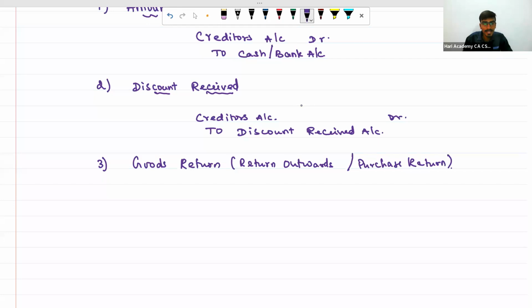For those goods returned, you need to reverse the original entry. Instead of putting purchases on my credit, from an accountability perspective, I will create a separate account called purchase return account. These are the goods returned, this is the damages claim, this is the amount, this is the value. Like this, I will provide it in my notebooks. That is creditors to purchase return or return outward.